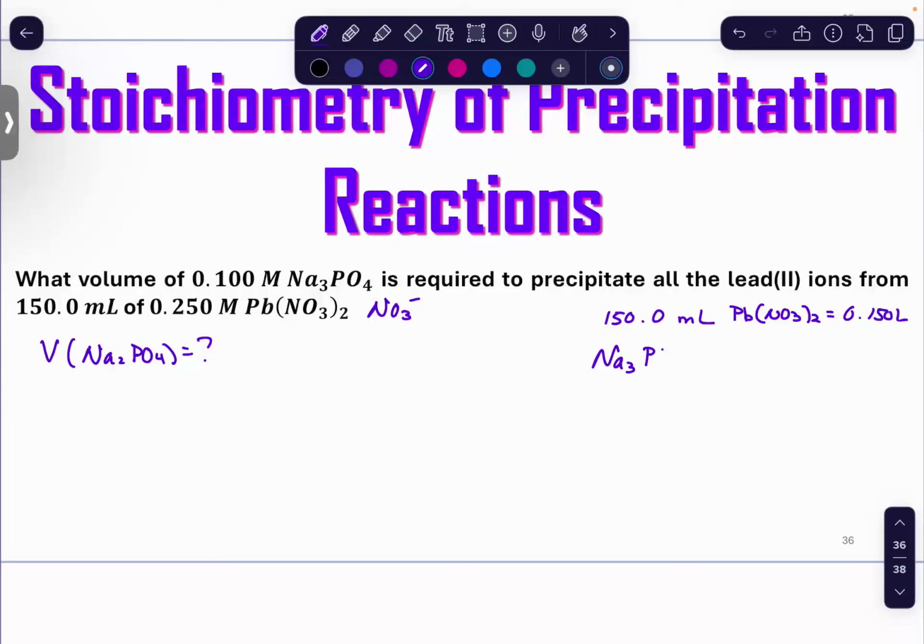My sodium phosphate is 0.1 molar. And my lead 2 nitrate is 0.250 molar.